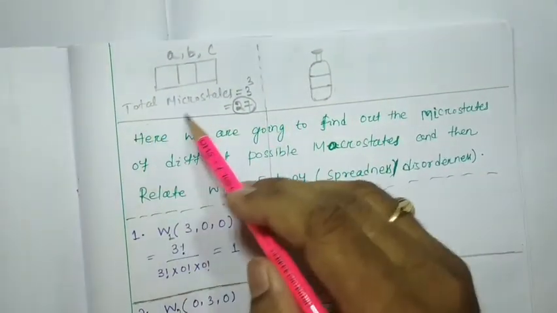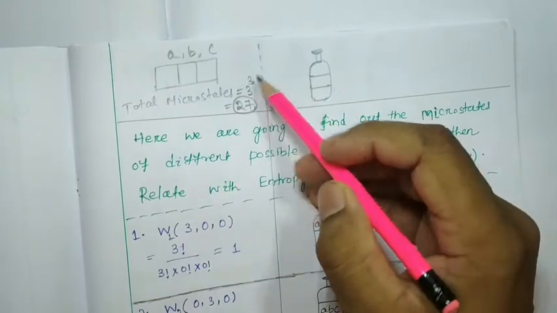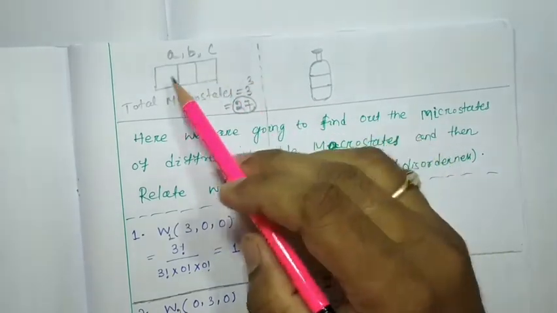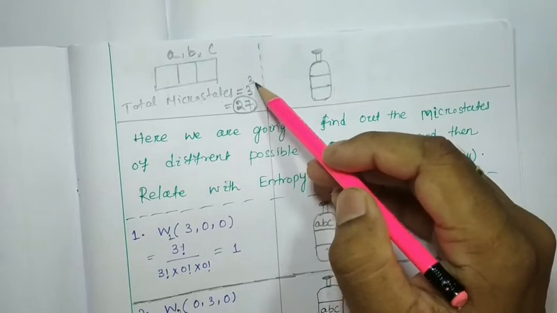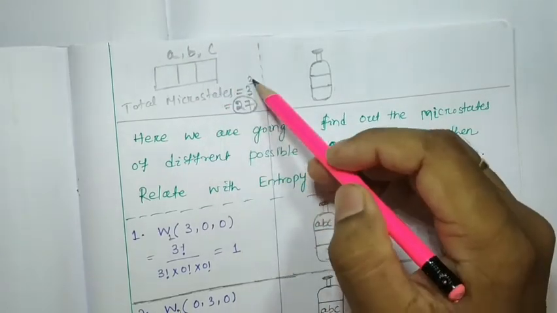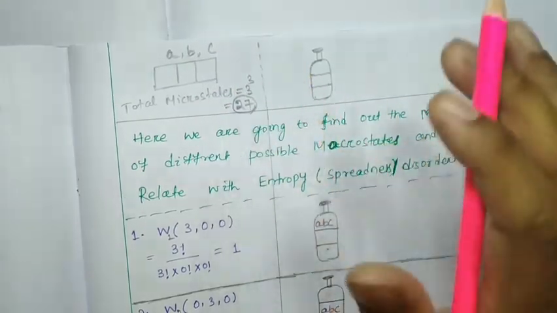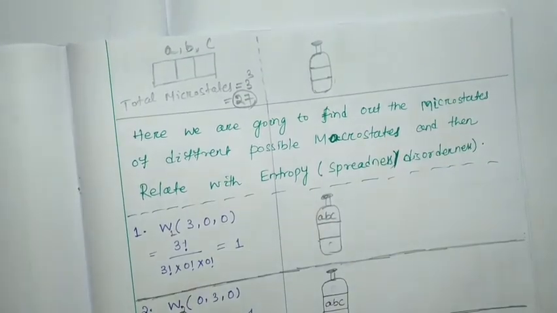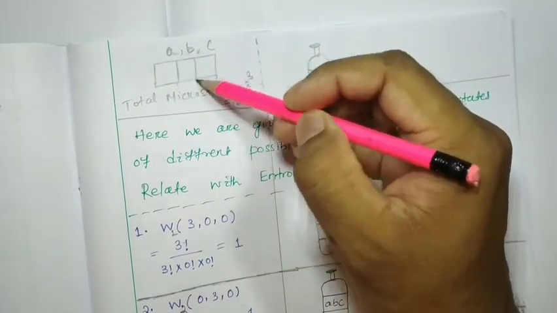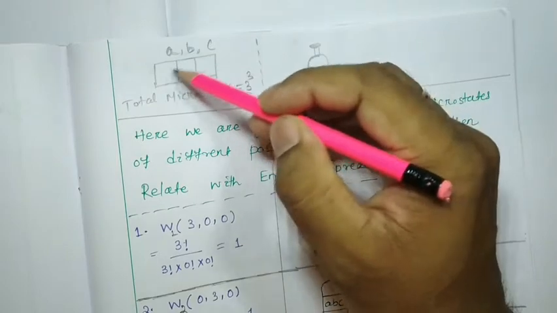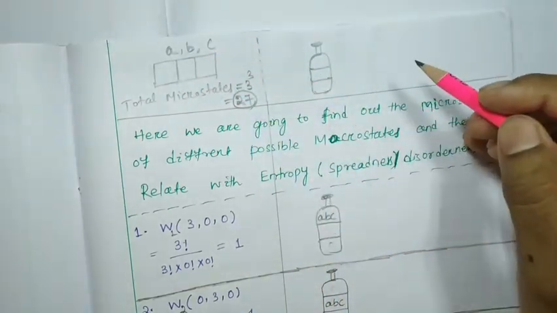The total number of microstates will be 3 to the 3, because 3 is the number of compartments and 3 is the number of particles. So 3 to the 3 is 27 microstates we get from the arrangement of these 3 particles into these 3 compartments.